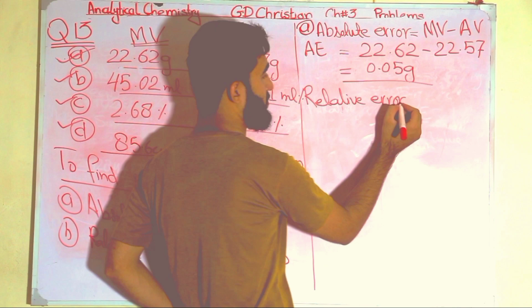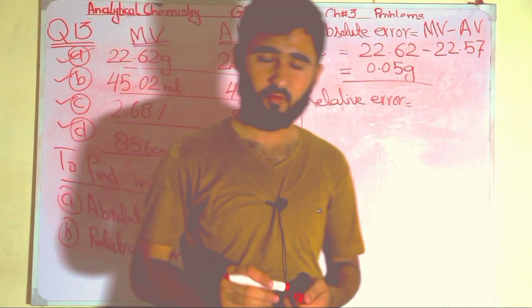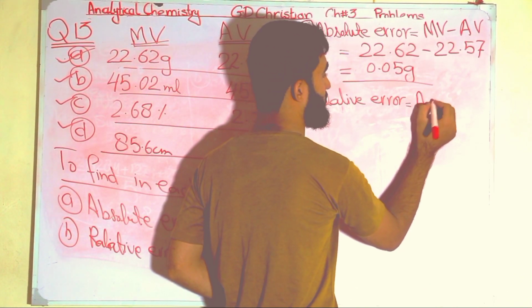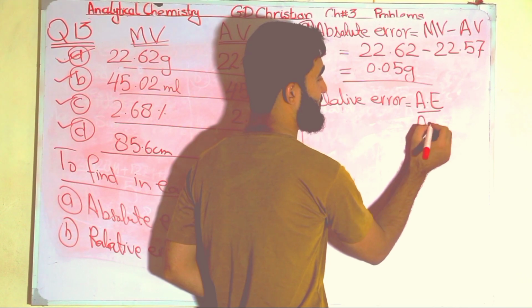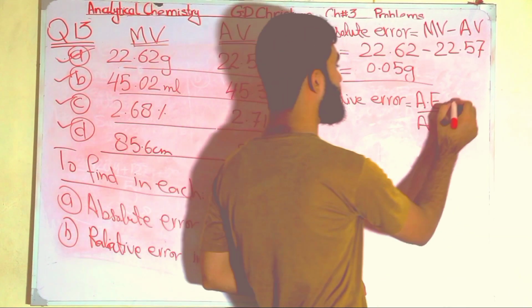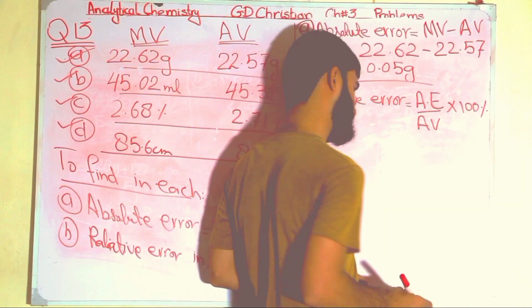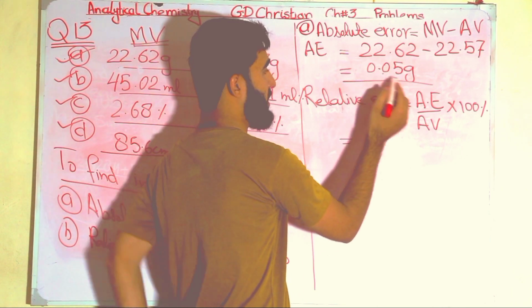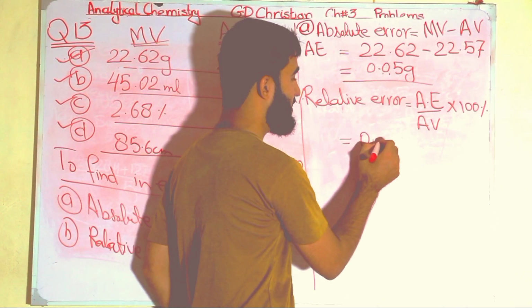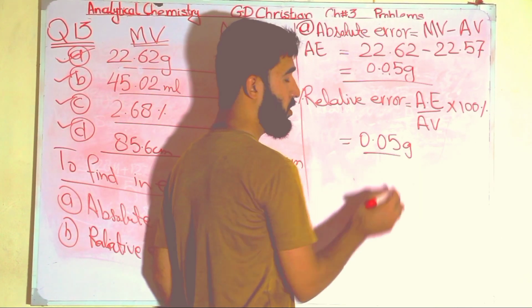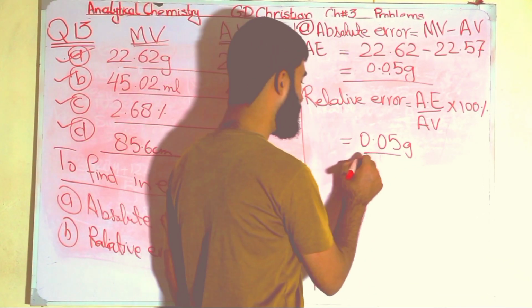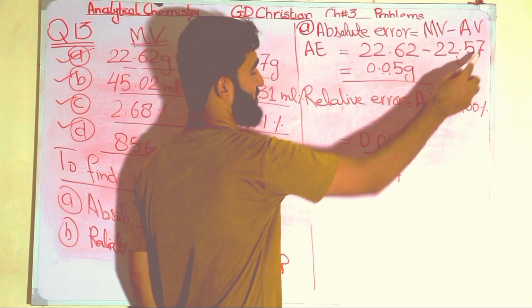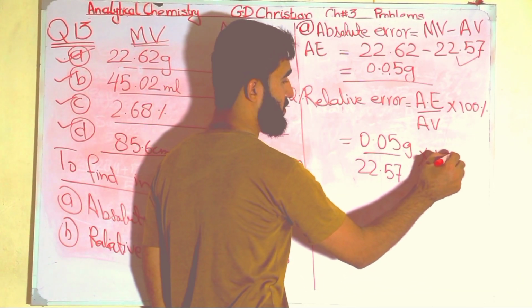Now we have to calculate relative error. As we know that relative error or percentage relative error is equal to absolute error over accepted value multiplied by 100%. Now put the values. Absolute error is equal to 0.05 gram over accepted value, which is 22.57, multiplied by 100.